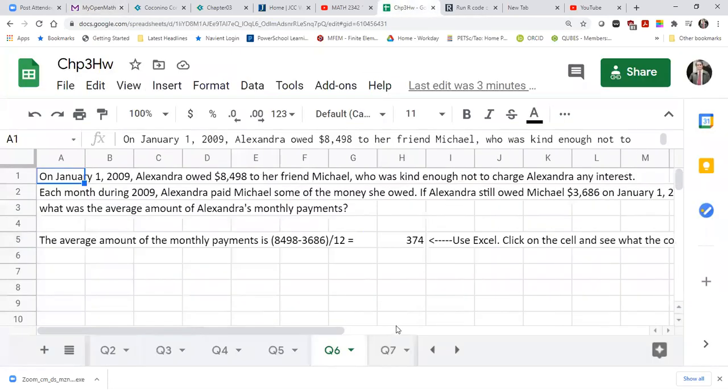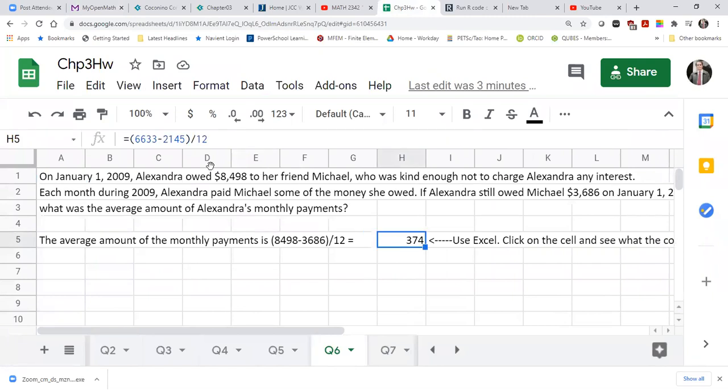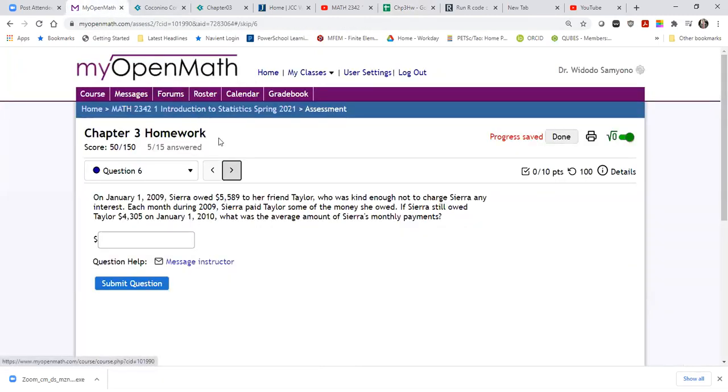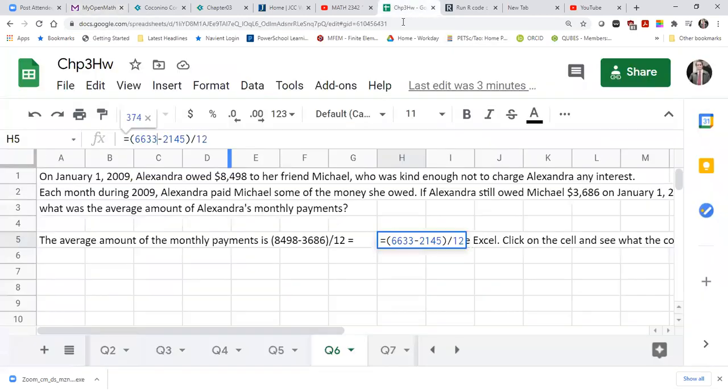For number 6, the money that you owe the first time is 55889.